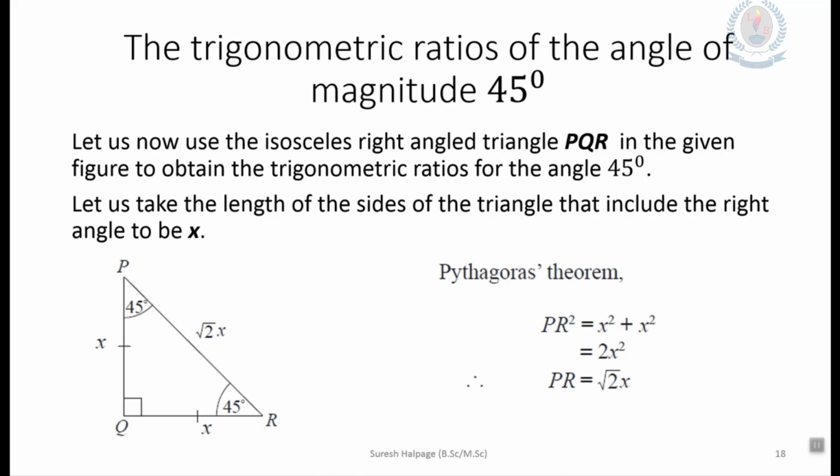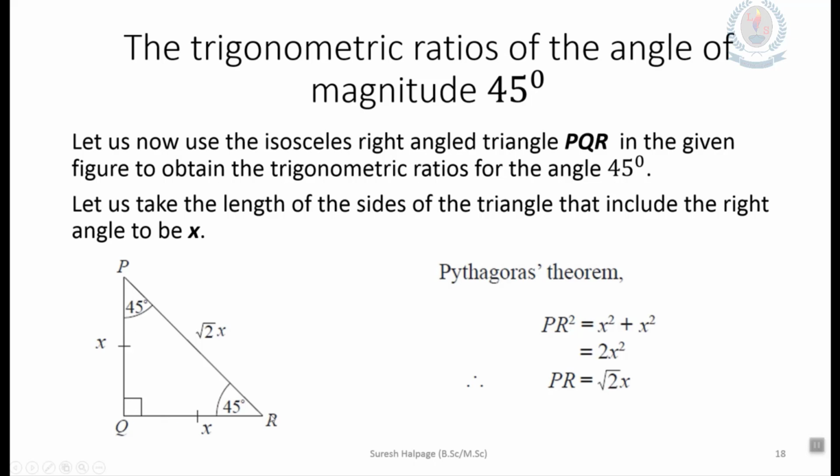So how can we find out sine 45, cos 45 and tan 45? So we can use an isosceles right angle triangle. Two sides are equal.